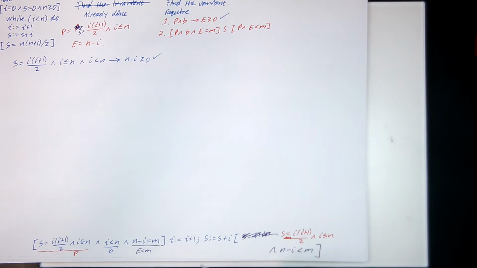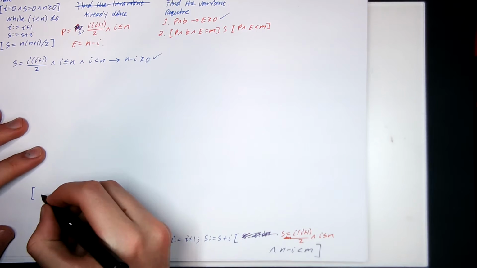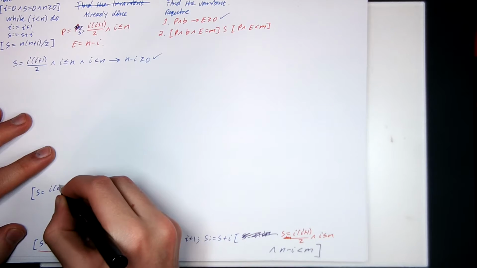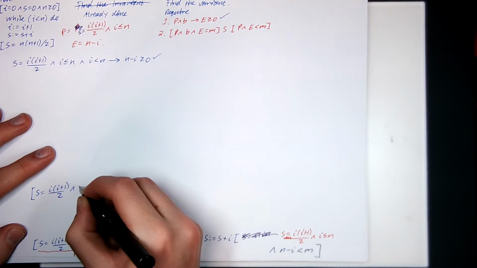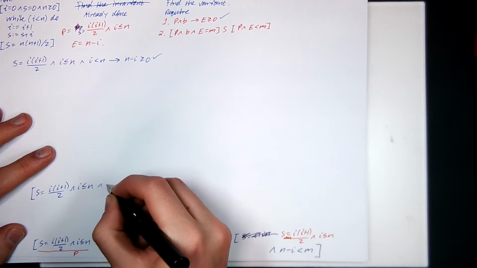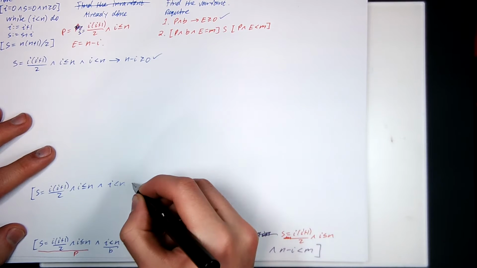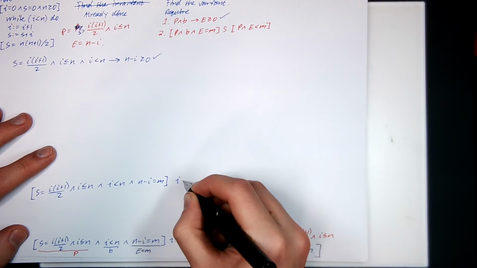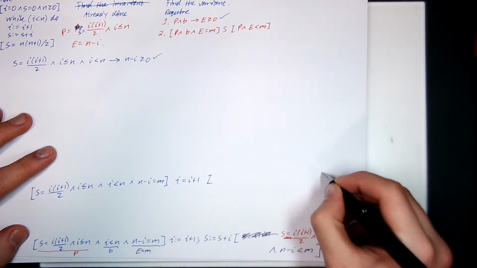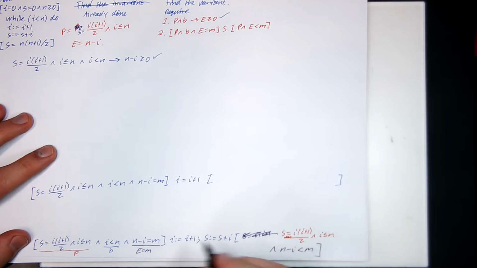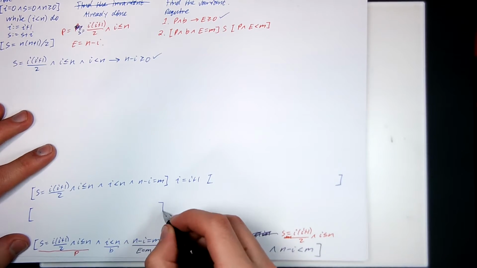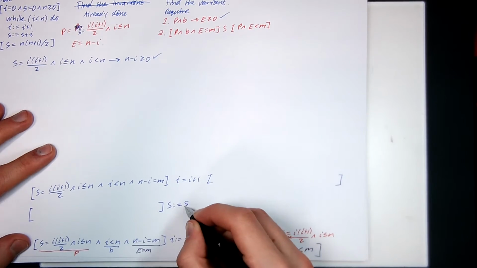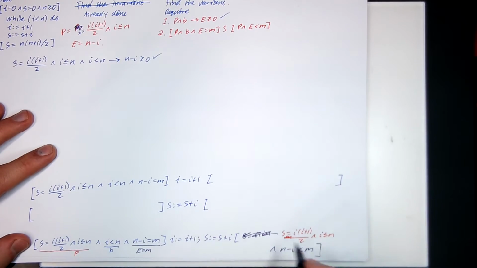There's no more while rules kicking around in here. We only got regular Hoare logic rules, so we're going to have to do sequencing. So do sequencing backwards. S equals I times I plus 1 on 2, and I less than or equal to n, and I strictly less than n, and n take I is equal to m, first bit of code, and then some Q, and then the same Q, S is increased by I, and post condition, all this stuff.